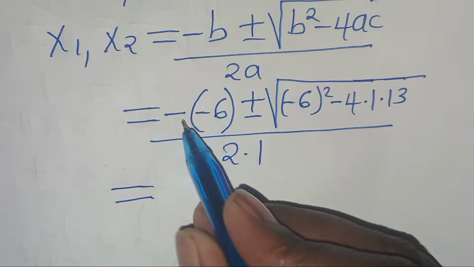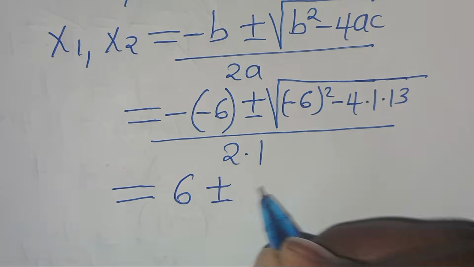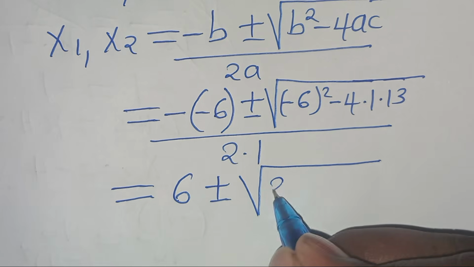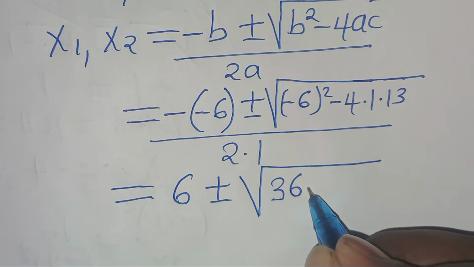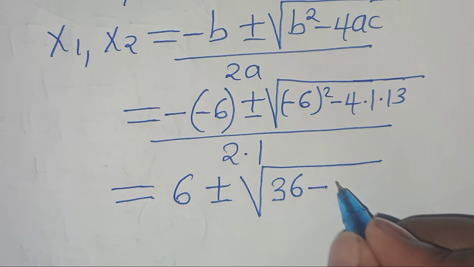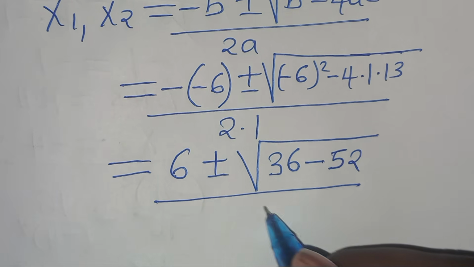So this is negative times negative 6, which is 6, plus or minus the square root of (-6)^2, which is 36, then subtract 4 times 13, which is 52, then divided by 2.